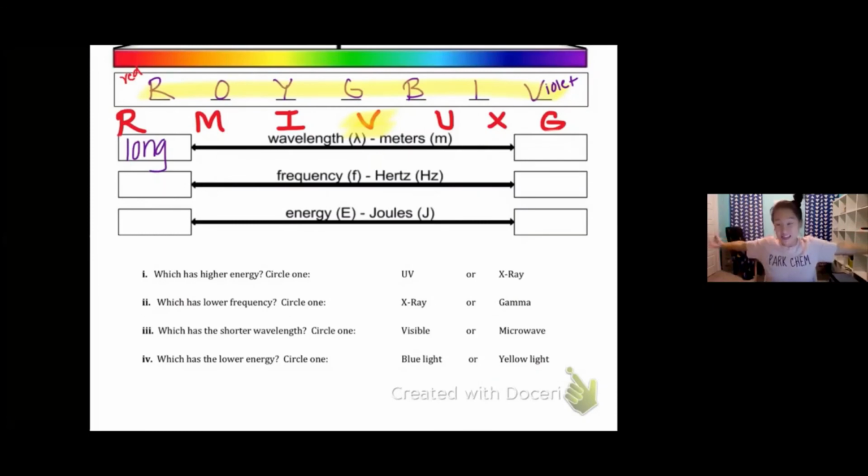Okay, it's like the length of a football field. One wave is really long. Because it's really long, it has low frequency, right? Because not many waves are passing by every second, and it's low energy. Okay, and this is what I call the L side. It's long, low, low. So the radio waves are really, really long, really low energy.